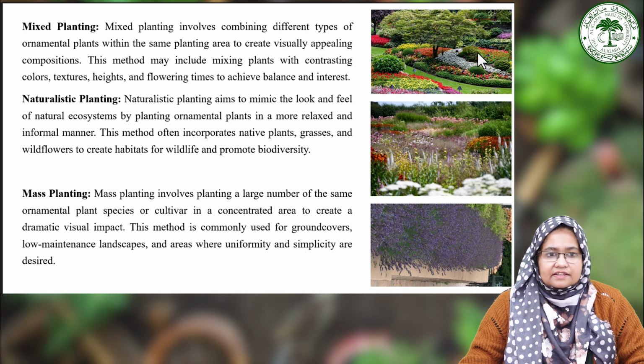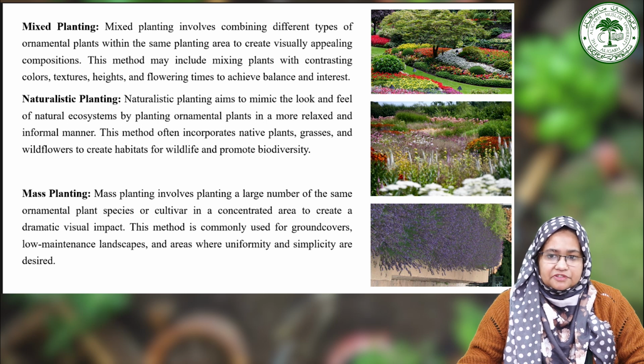As we can see, these are the mixed plantings of different types of ornamental plants that create variety in texture and color. This method allows for the blending of plants with contrasting colors, textures, height and flowering times to achieve balance and interest. Mixed planting can result in dynamic and harmonious landscapes that evolve throughout the season.